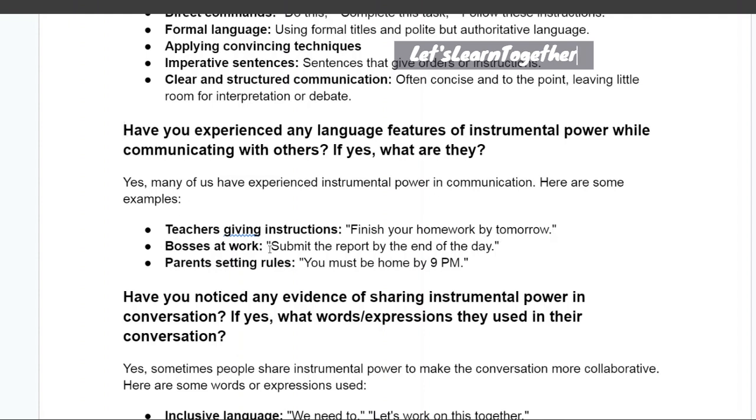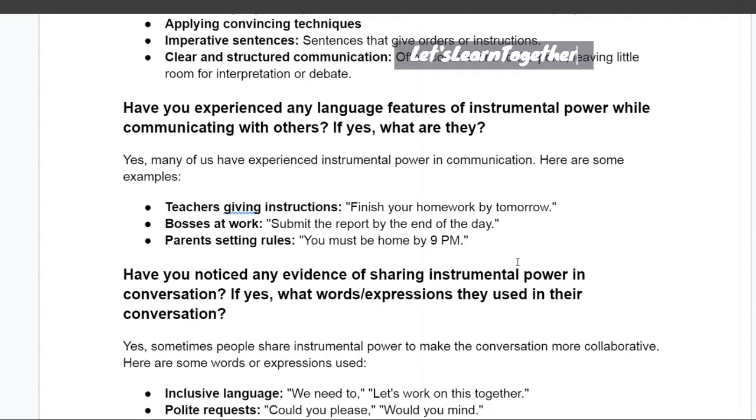Then bosses at work say submit the report by the end of the day. Parents setting rules: you must be home by 9 p.m. All these demonstrate instrumental power, as they are creating an impact on people so that they can fulfill the rules set by these specific people.